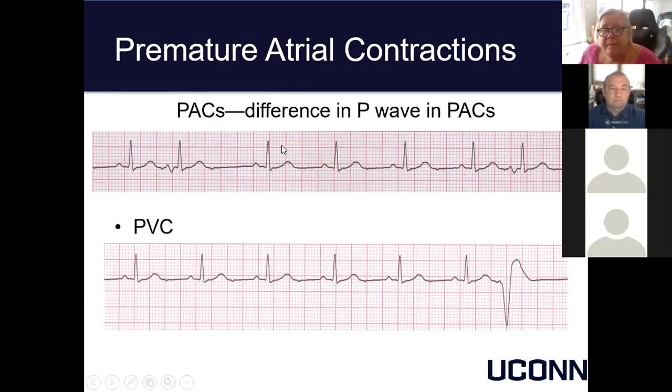And what often happens in PACs, this R to R is often double one of these, implying that this one is obviously premature. But also look here, the P wave looks different.